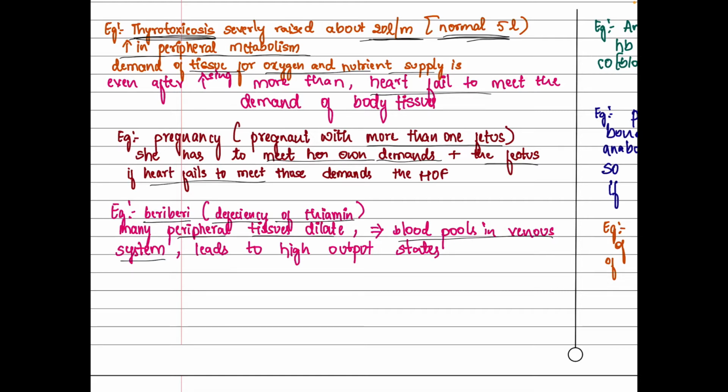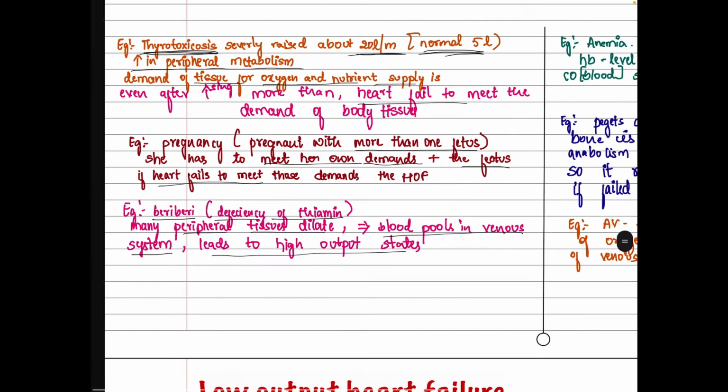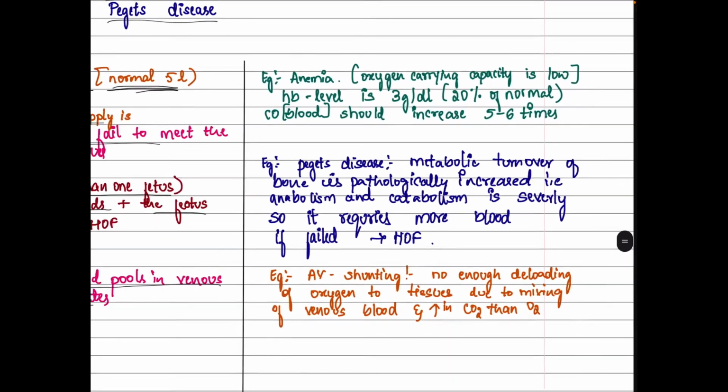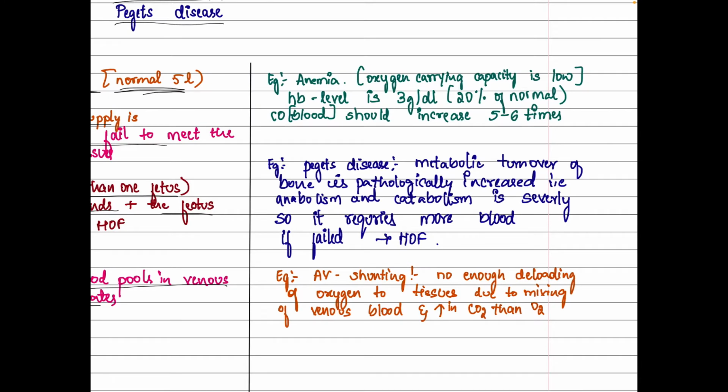This pooling of blood leads to low cardiac output. Hence, even after increasing output to more than 5 liters, after some time the heart fails to meet this demand, and hence undergoes high output failure. Some other conditions include anemia, Paget disease, and AV shunting.